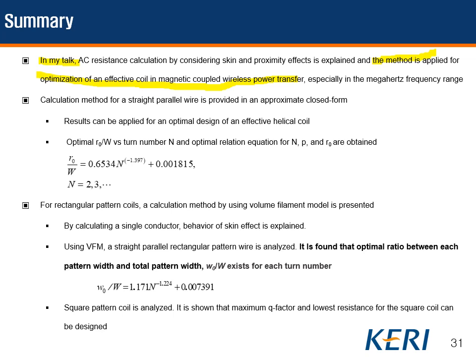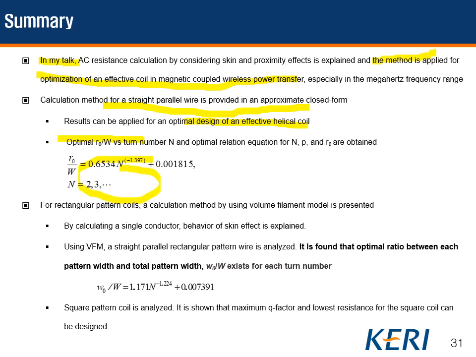Especially the calculation method for parallel straight wire conductors is presented in approximate closed form. It is shown that the result can be applied for an optimal design of effective helical coil. We also provided an optimal relation between R0 or large W and the turn number for lowest resistance here.